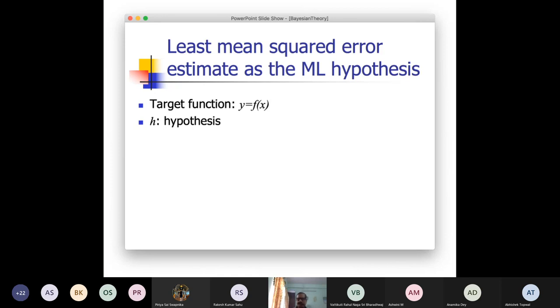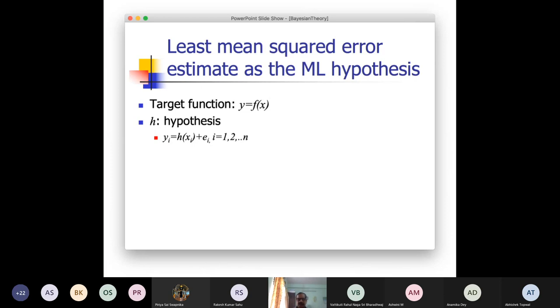Similarly, when we consider the least mean squared error estimates, we can see that this is a kind of maximum likelihood based approach. Though it is not Bayesian inference, it can be explained under the same framework of probabilistic interpretation, because in this case, you may consider that your hypothesis, given an input, will predict the output.